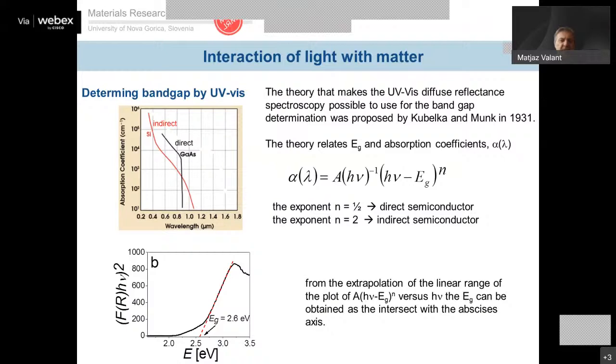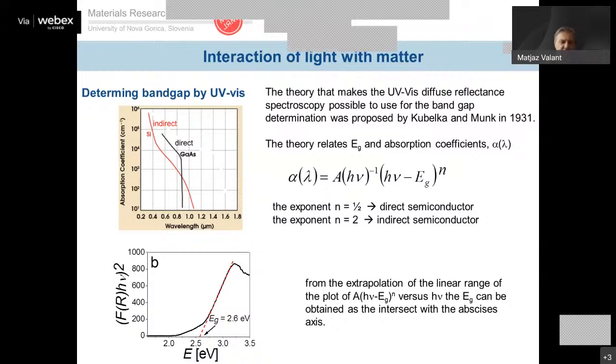They noticed that the absorption of indirect and direct semiconductors is fundamentally different. Well, we know now why it's different, because a different mechanism is required for one or another excitation.